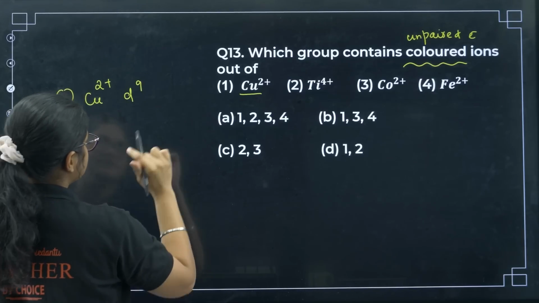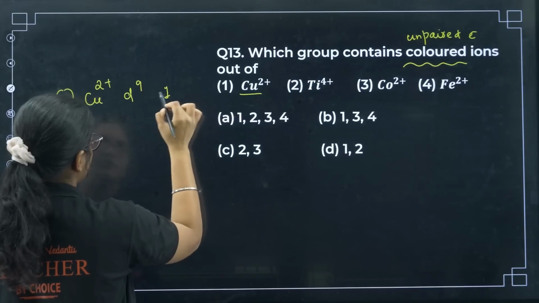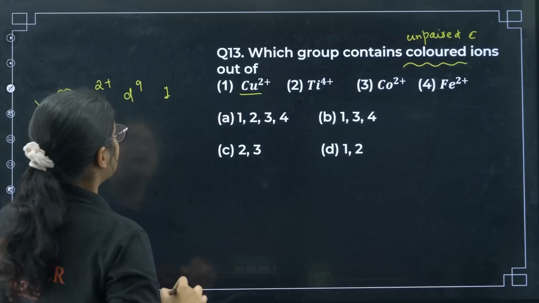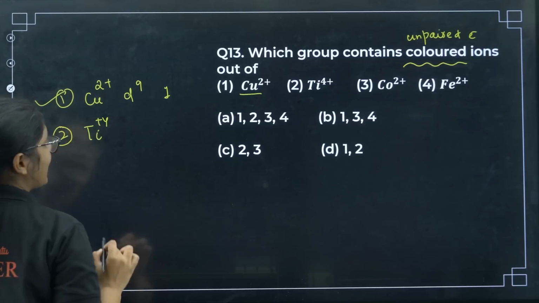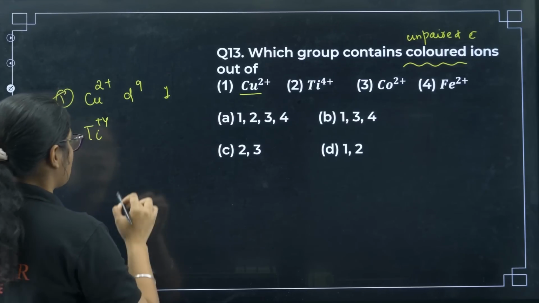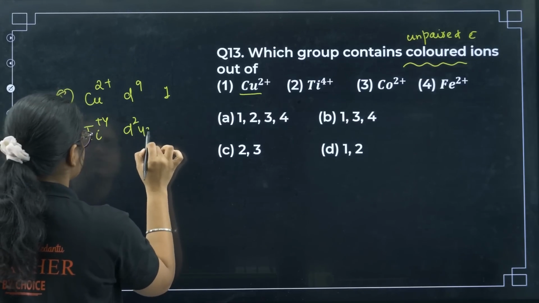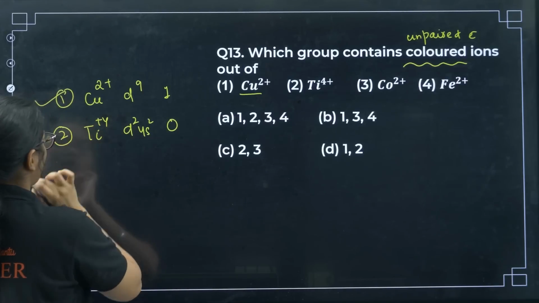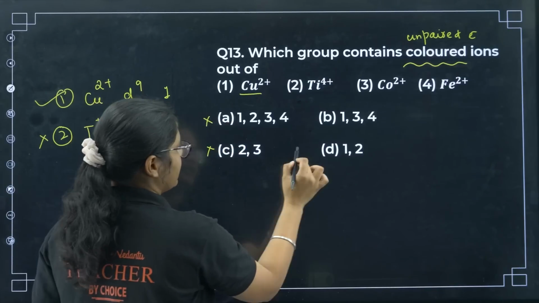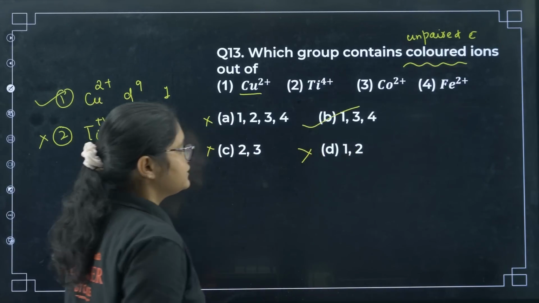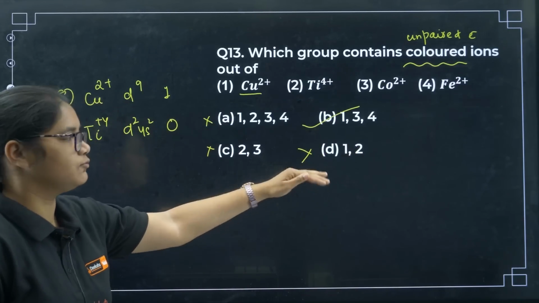So copper 2 plus is d9, so it will have one unpaired electron. Ti plus 4, scandium titanium, right? We have just seen now it is 3d2 4s2, so no unpaired electron, so it will not show color. So whichever option is having 2, I can eliminate all of them, right? So easily the second option, 1, 3, 4, will be colored.